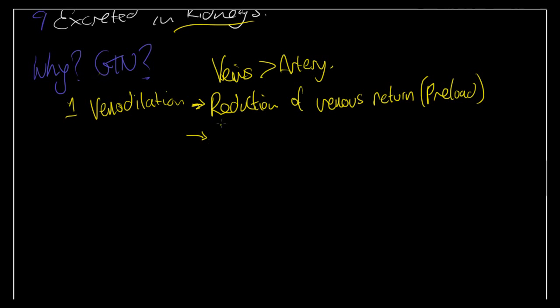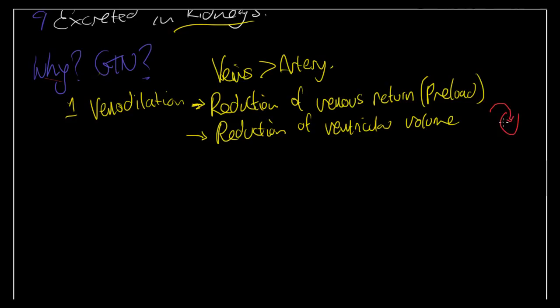This causes a reduction of our ventricular volume. That's really our end diastolic volume, the amount that gets filled up. If we draw a ventricle here, we're relaxed, and our preload helps push the blood in. So we're getting less filling. That's a reduction in ventricular volume.